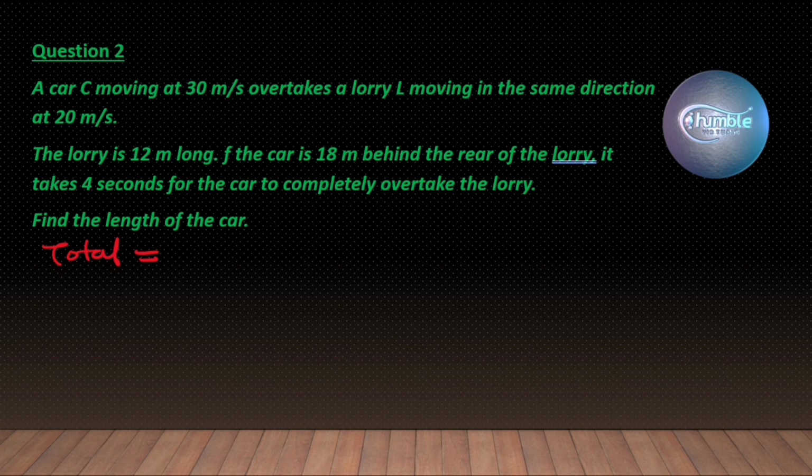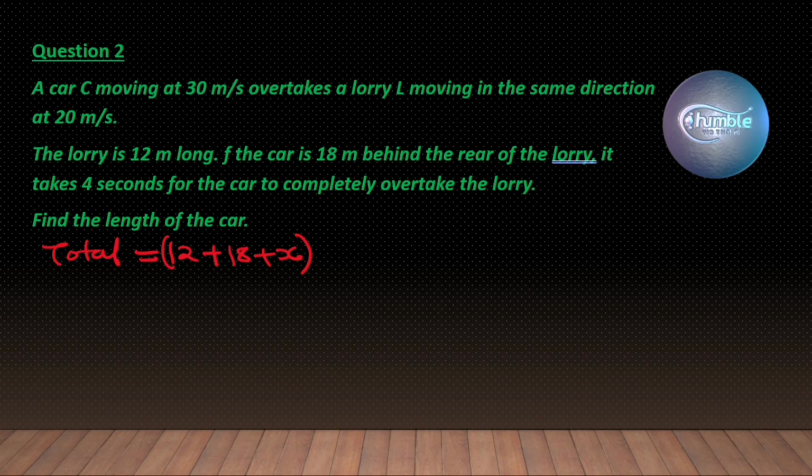So the total distance will be the length of the two bodies plus the distance between them. The lorry is 12, the car is 18 meters behind, and the car is x meters long. So 18 plus 12, that is 30.